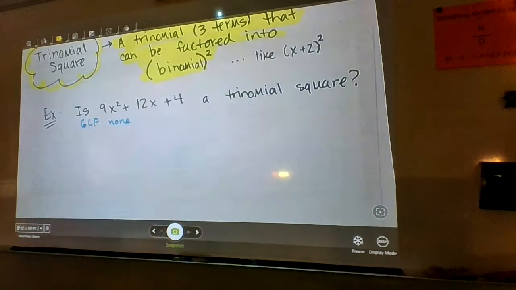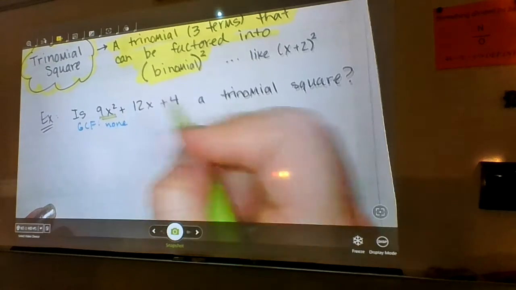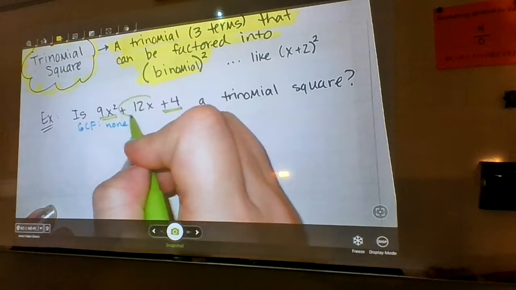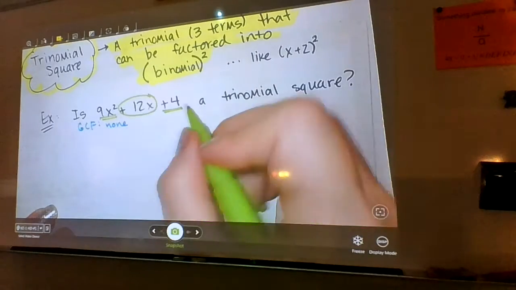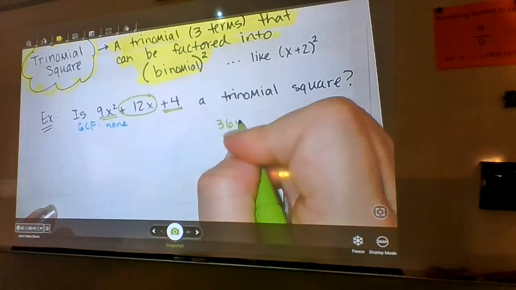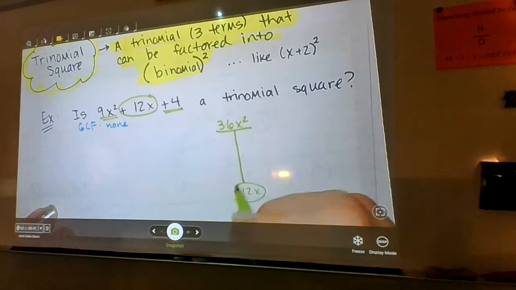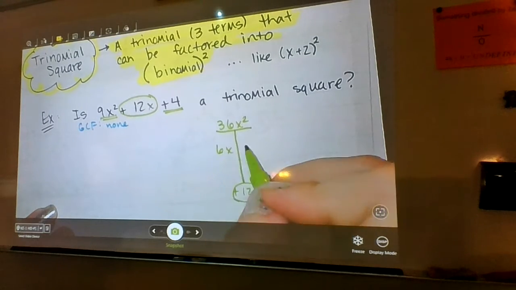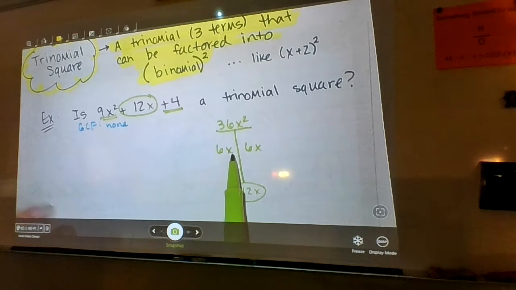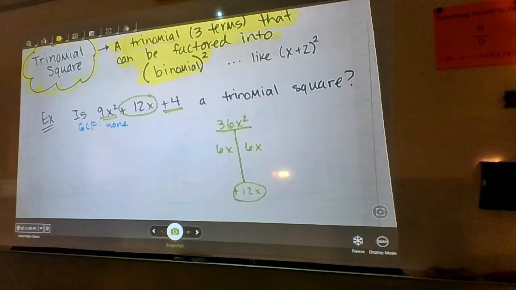So then remember, by the AC method, we're going to take this first thing times this third thing, and try to add up to this middle thing. So 9x squared times 4 is 36x squared, and we're trying to add up to positive 12x. You see where we're headed here? 6x times 6x. Notice that that is the same, like we saw the other day when we had 12x and 12x.